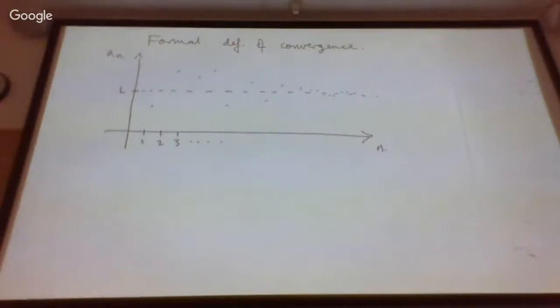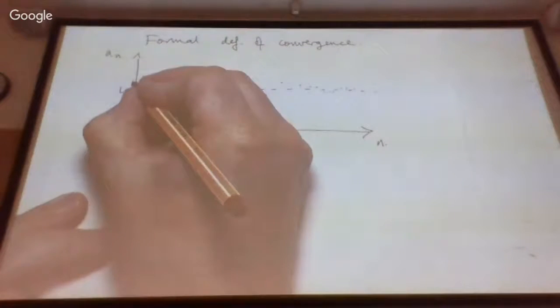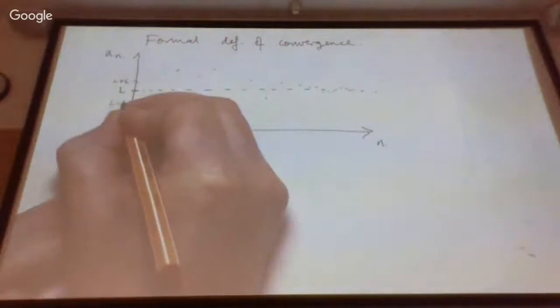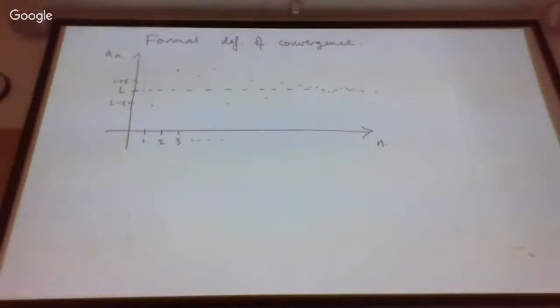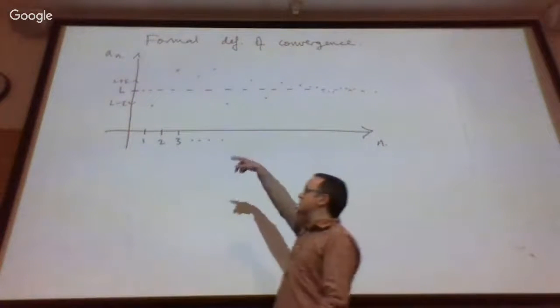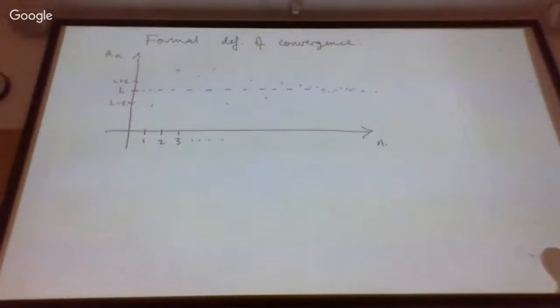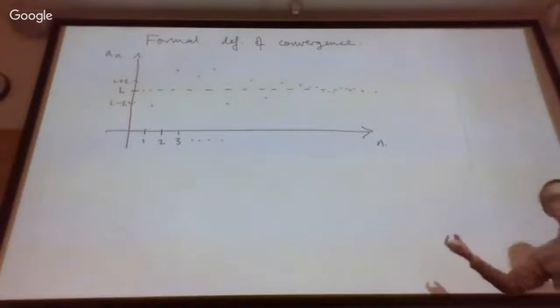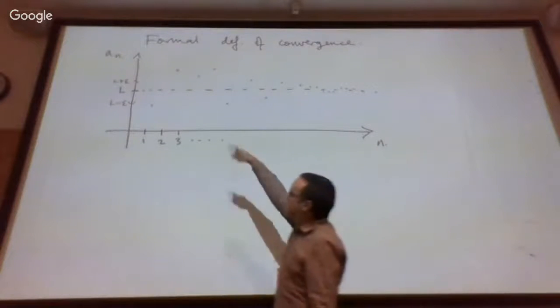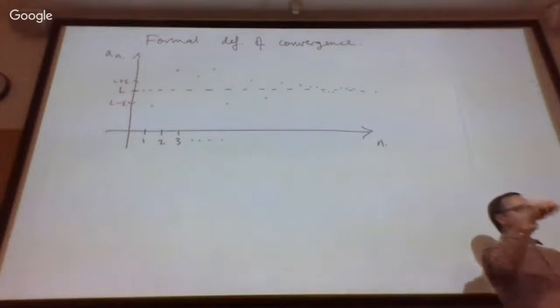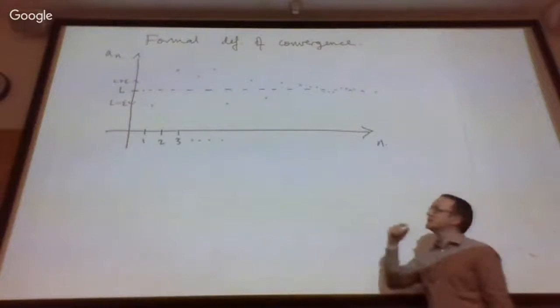Now, where is epsilon located on the diagram? Epsilon is located on the diagram here, either side of the limit L. So you've got L plus epsilon and L minus epsilon. Sometimes epsilon is referred to as the radius of an interval around the limit. Normally we think of radius as something attached to a circle, but the one-dimensional equivalent of a circle is just 2 points either side of the center point.